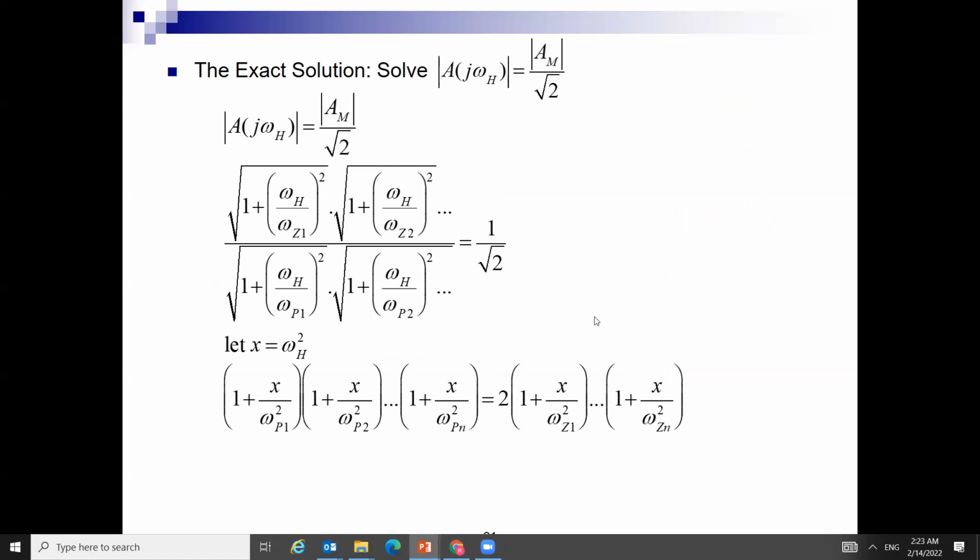So when we square both sides, we get rid of the square roots. Then we will cross multiply, and we're going to set x equals omega squared h.